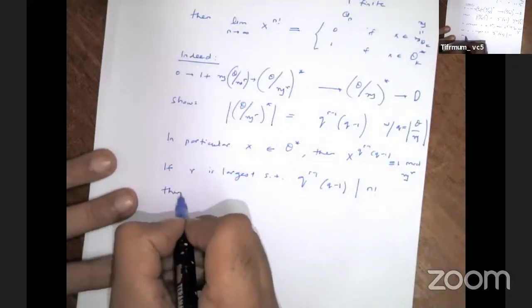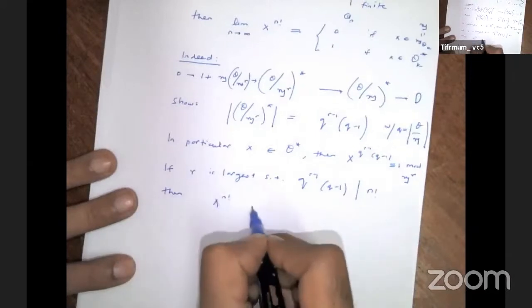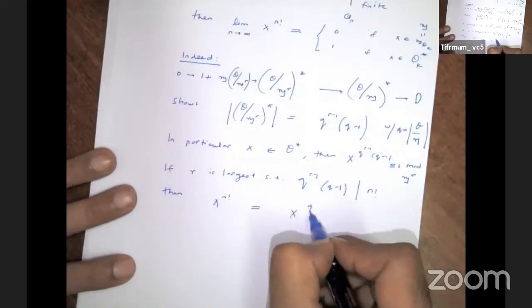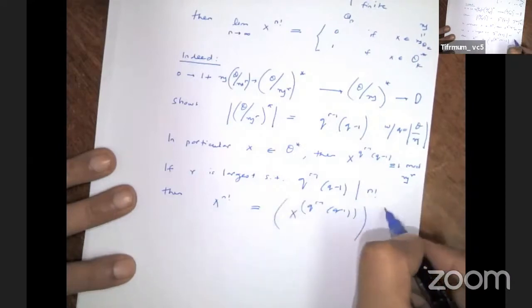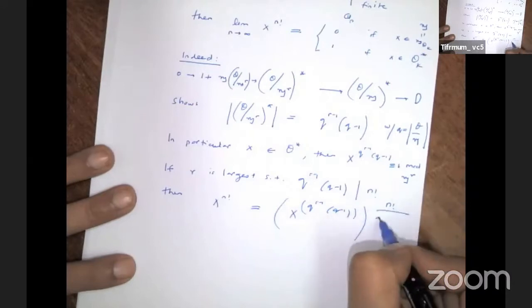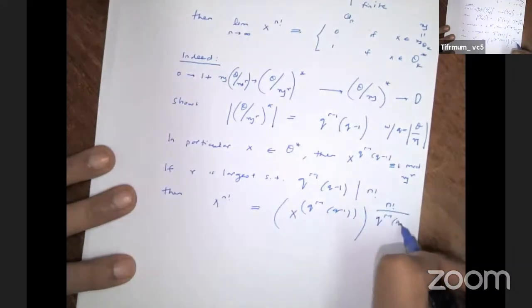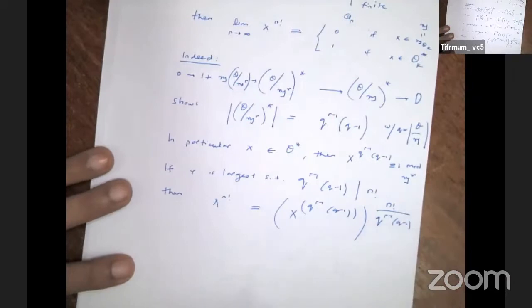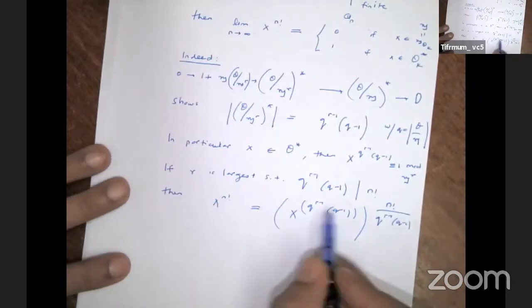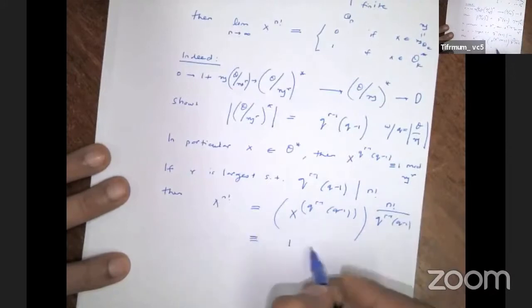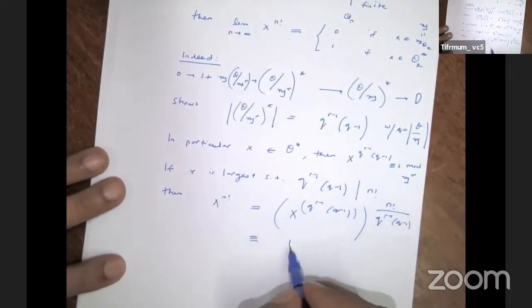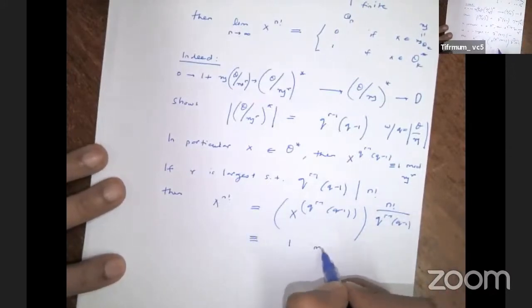Then what do we note? x to the n factorial is x to the q to the r minus 1 times q minus 1, times n factorial over q to the r minus 1 times q minus 1, because these two cancel. But this is already 1 modulo m to the r. So this is also congruent to 1 because it's a power of something congruent to 1. So it's 1 mod m to the r.